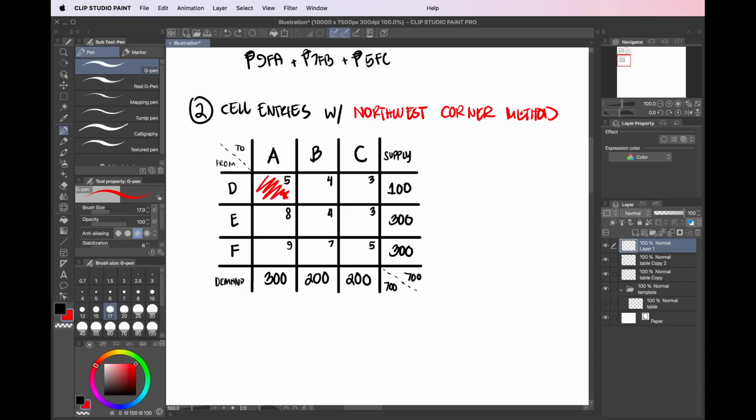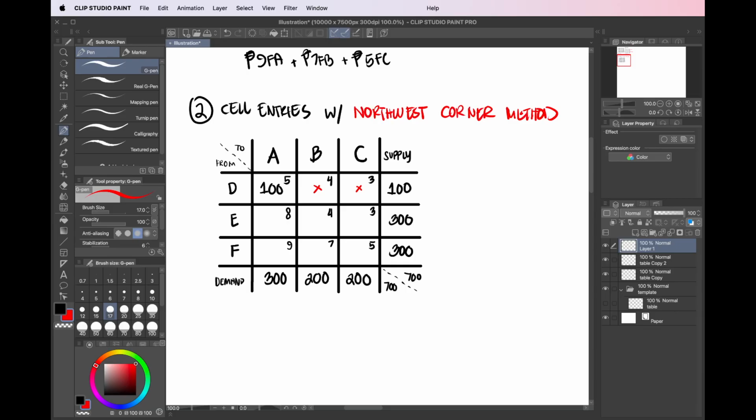Then you would enter the values that would satisfy your supply or your demand. Now here, in order to satisfy 100, we must put 100, right? Since this is satisfied already, there are no more entries to put, so this would now be left blank, okay?